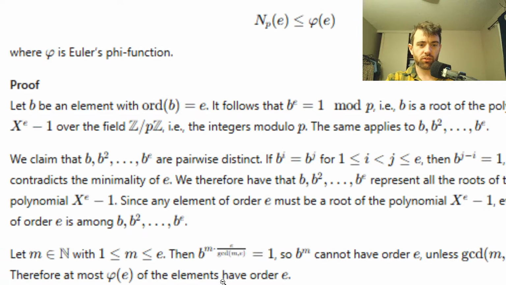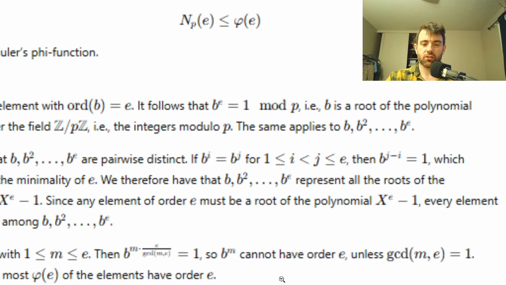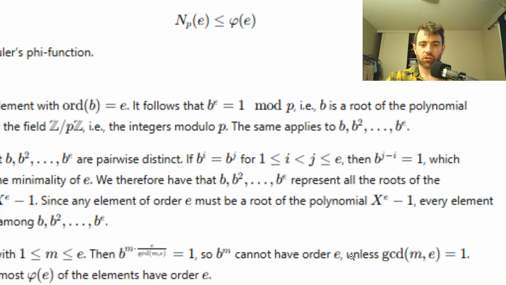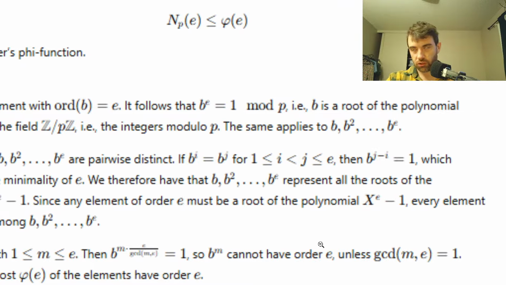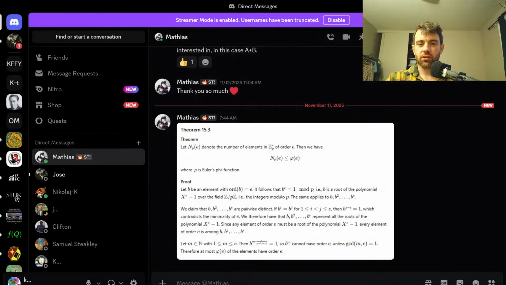Therefore, at most, this many of them have it, and that's why we get the second sentence. So we just saw the only way that B^M would have order E is if GCD is equal to 1. So that's a restricting condition. If B^M had order E, then it would be the case that GCD(M, E) is equal to 1. And that's the proof. That's it.